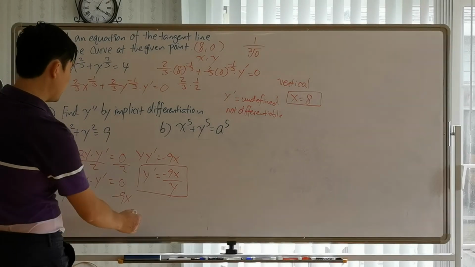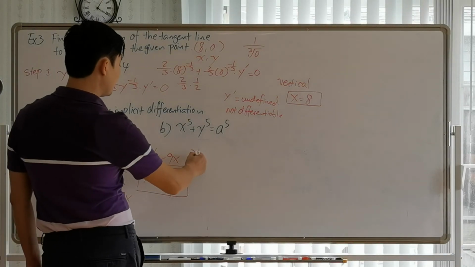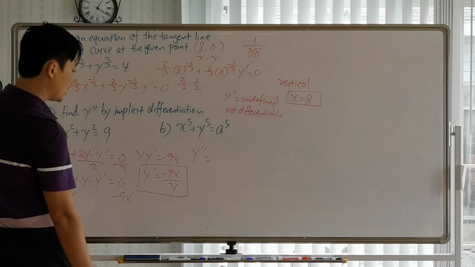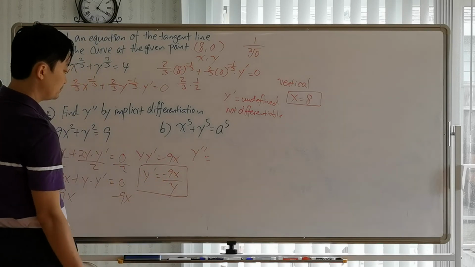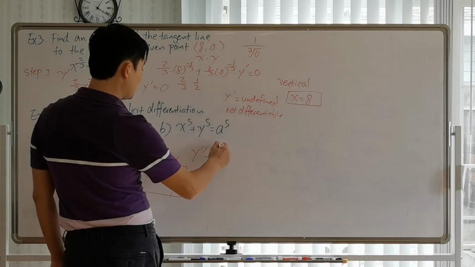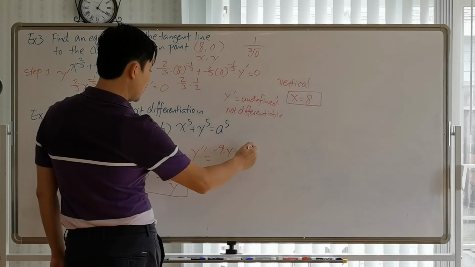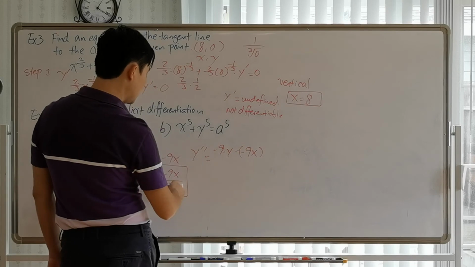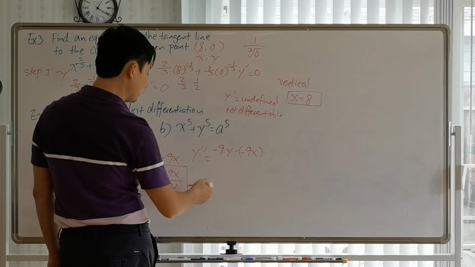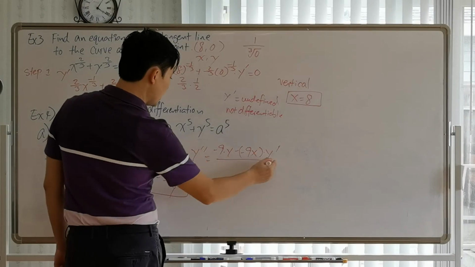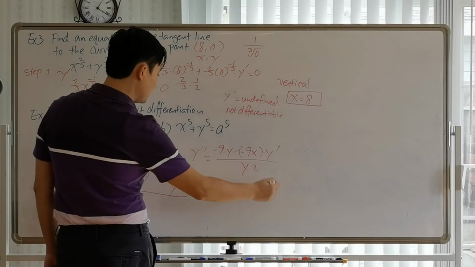So y double prime. Now from here, differentiate it once again using the quotient rule. So negative 9 times y minus negative 9x times the derivative of y, which is y prime. And then all over y squared.